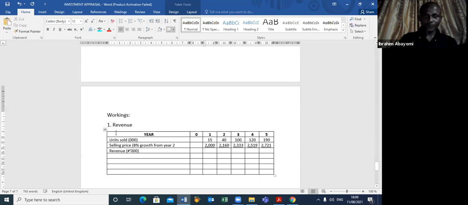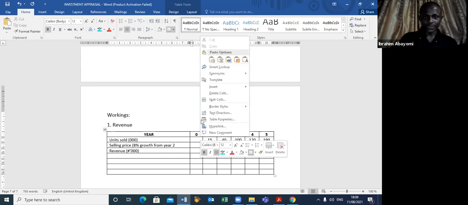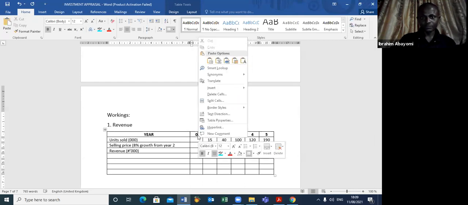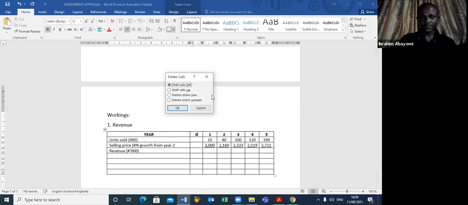Let us multiply. This one is not even supposed to be there, let me remove that column. Delete cell, delete entire column.